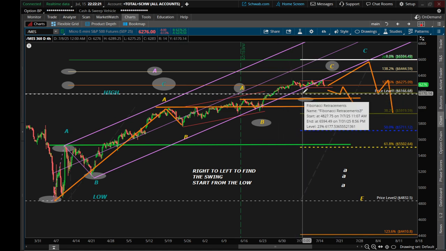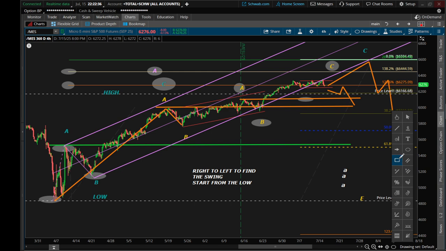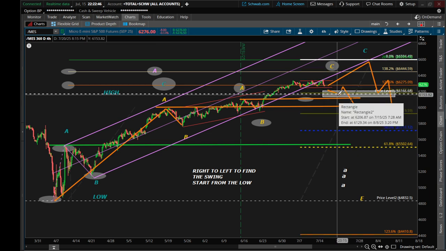I would say that 61.66, this level right here, is definitely our next go-to. So I'm going to put a rectangle over there for our little zone, and we'll just come back to it, see how it plays out.